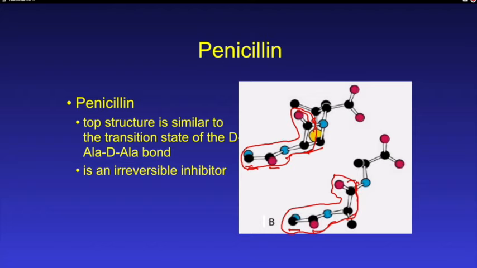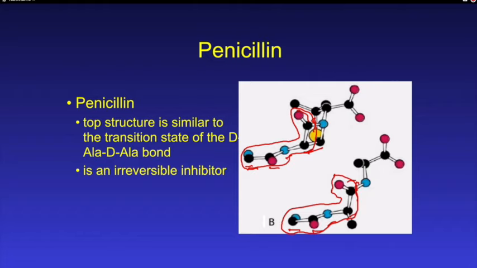And so it doesn't fit into the active site of the enzyme, and it doesn't prevent the linkage of the bacterial cell wall, and so everything is normal in terms of its process, its life cycle, and so that bacteria is resistant to penicillin.